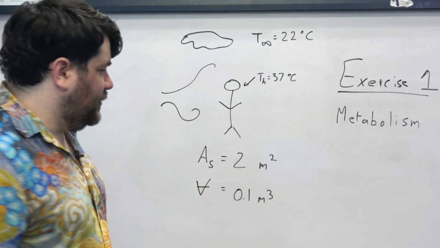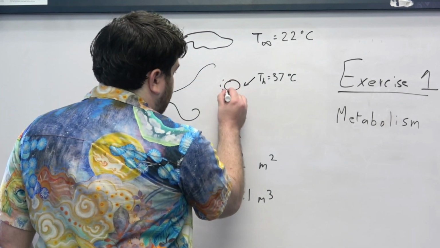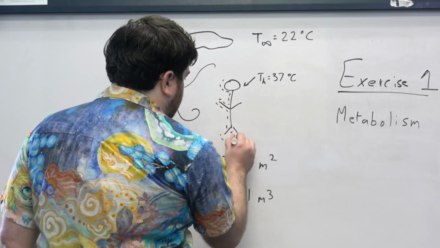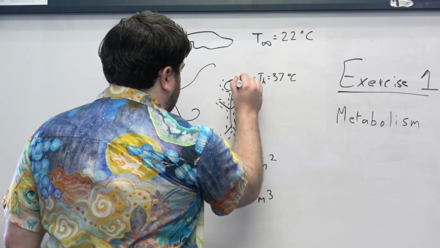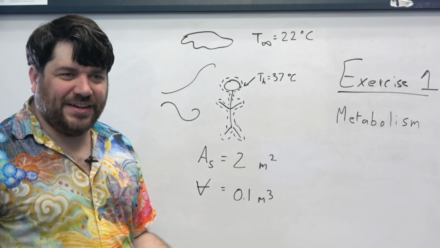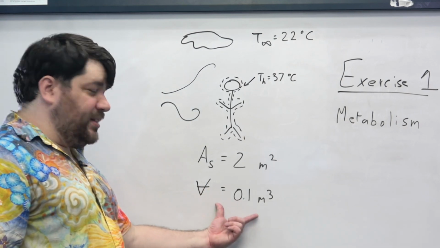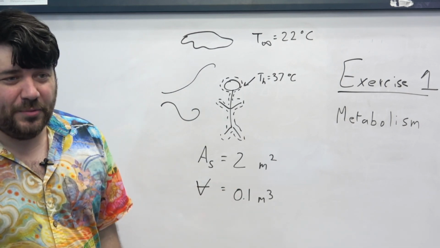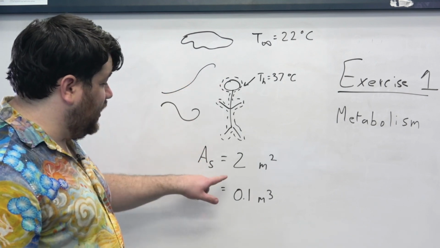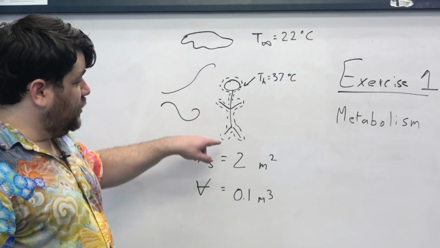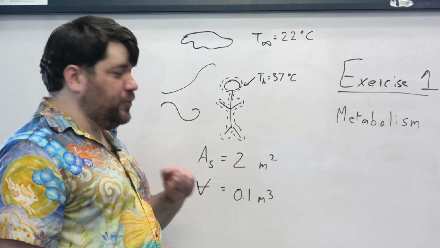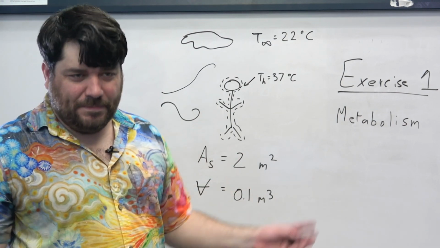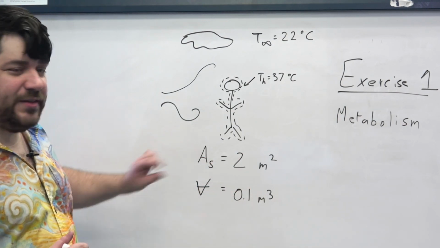And so if we treat the human body like this object, this volume is going to be about 0.1 meters cubed, and the surface area of the boundary between the human body and the environment is about 2 meters squared. So that's what these things mean.